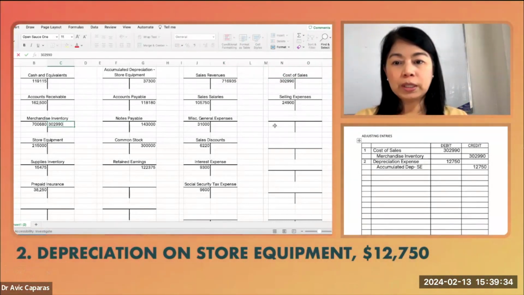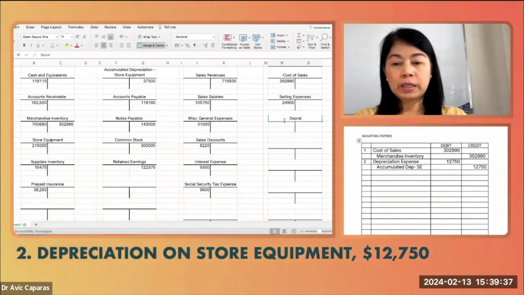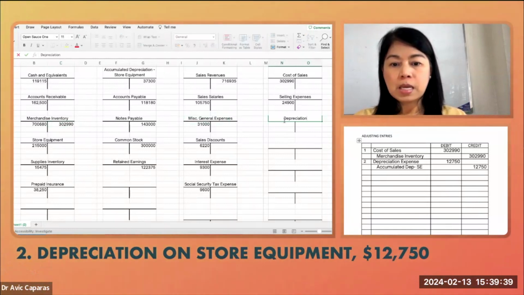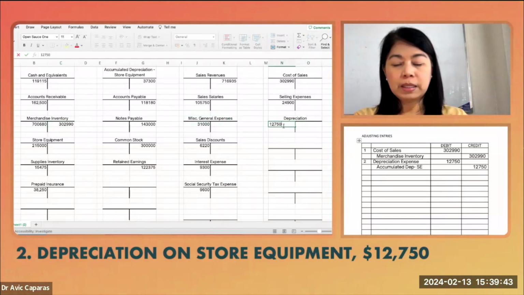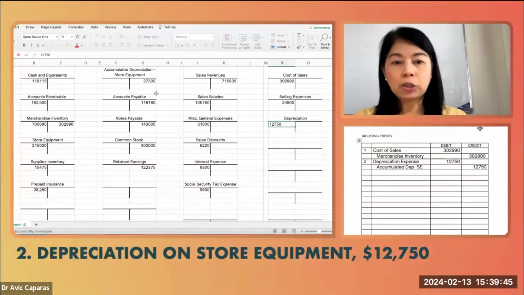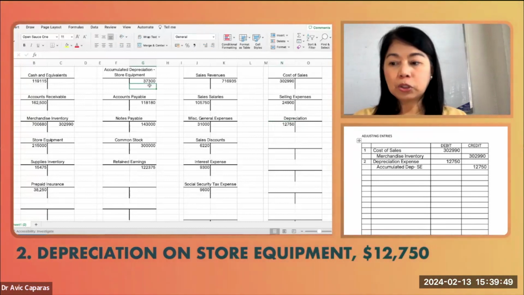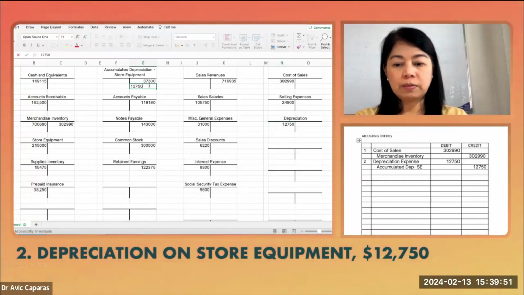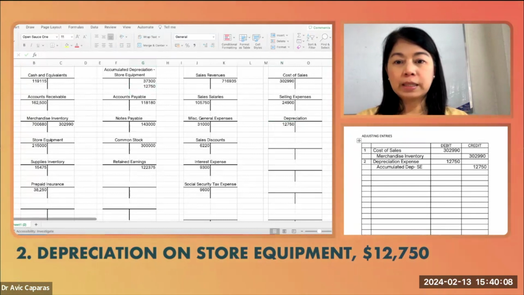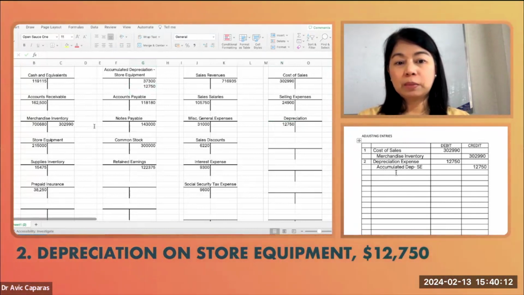And then depreciation expense, we will create one, 12,750 debited. Accumulated depreciation on store equipment is 12,750. The explanation for this entry is to set up depreciation on store equipment.